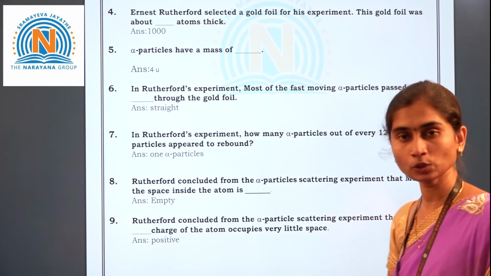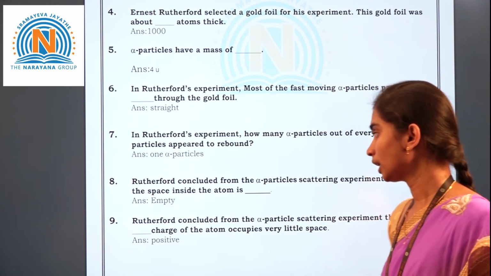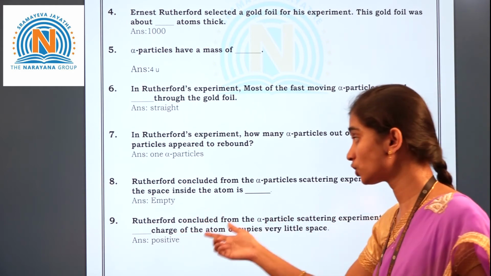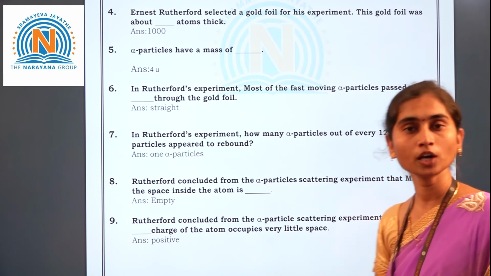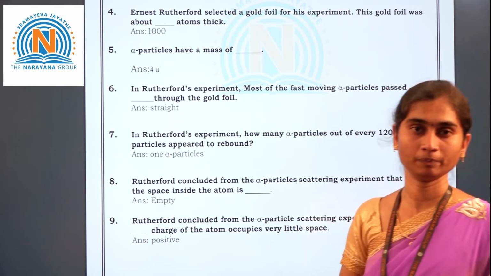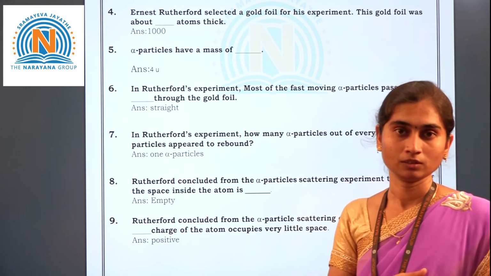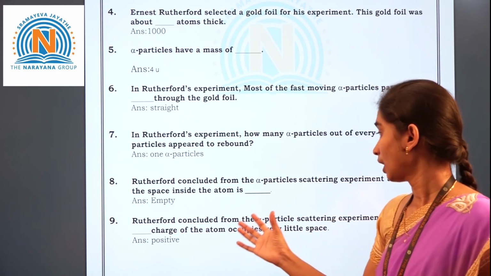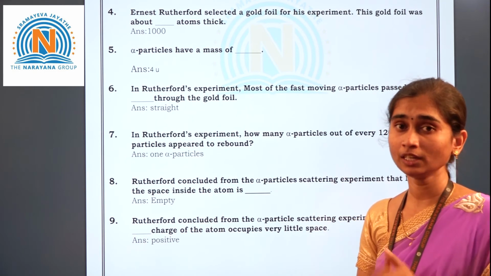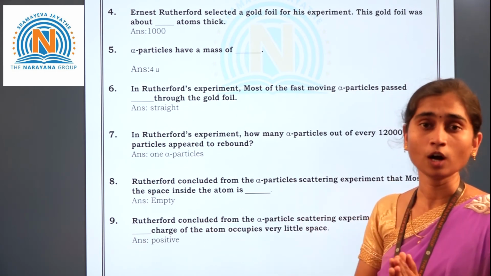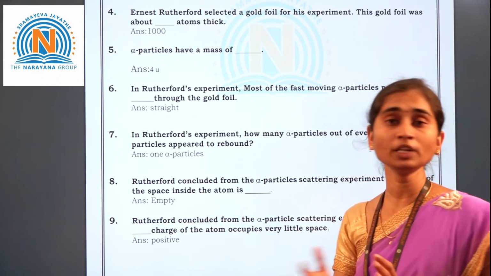Let us see the next question. Rutherford concluded from the alpha particle scattering experiment that the dash charge of the atom occupies very little space.